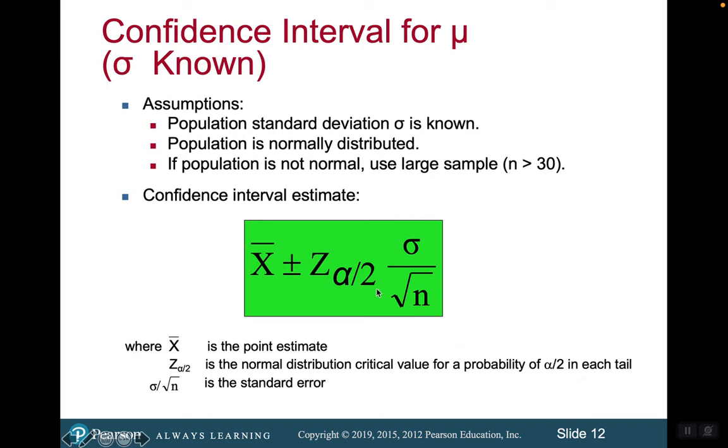Because if you look at this, this will actually deal with the data that's in the tails of the curve. So we calculate a probability, then divide it by 2, and one would represent one tail, and one would represent the other tail. Once again, we're dealing with the shape of our normal curve.